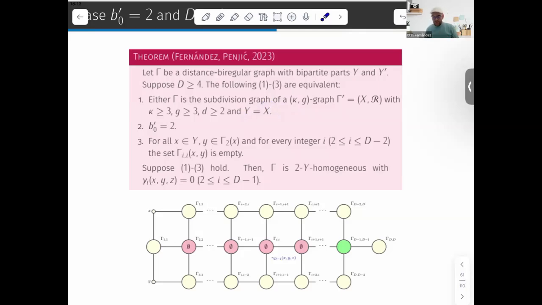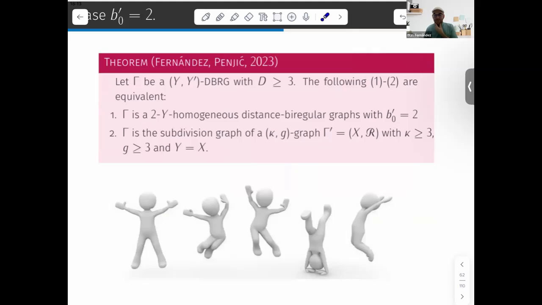So let's say that we have our classification for when a graph is 2-Y-homogeneous with vertices of valency 2. These are those graphs which are subdivisions of these graphs. And we need to pick as Y the set of vertices. So we understood the case b0 prime equals 2.